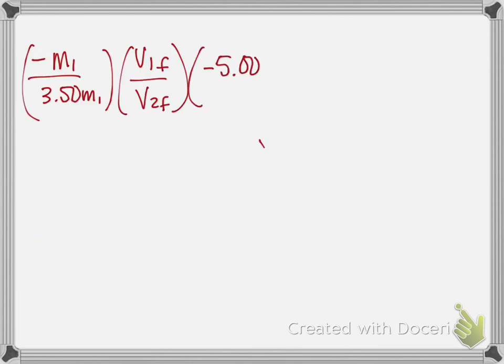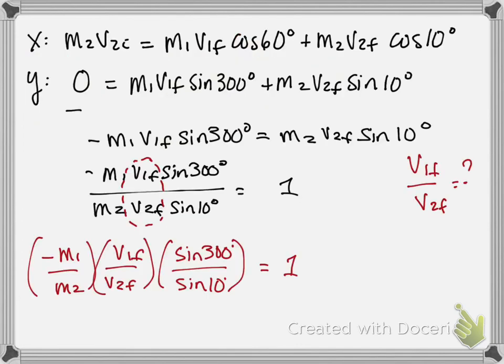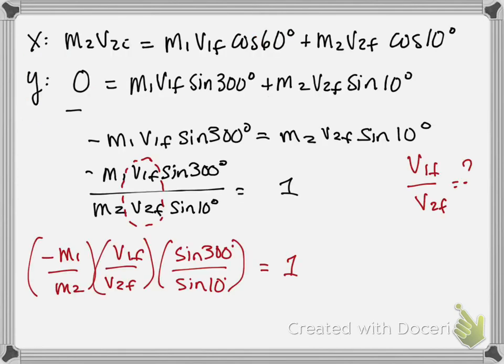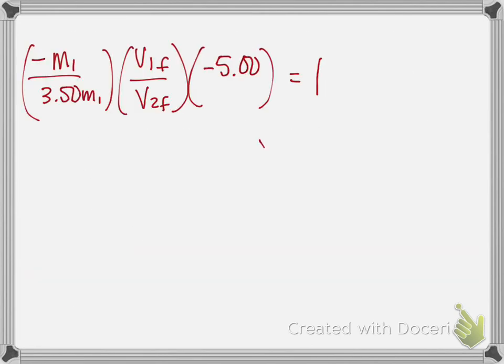To 3 sig figs it was like 4.98 and then a round up. So this factor equals 1.